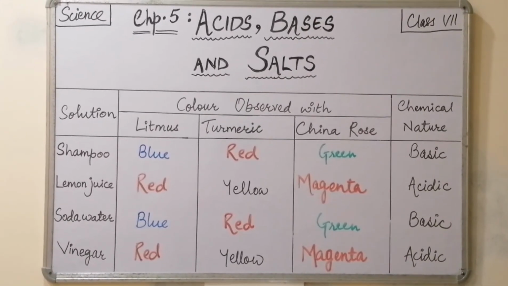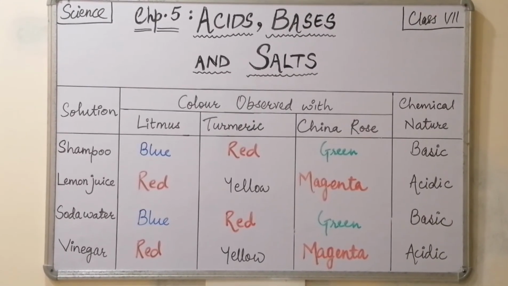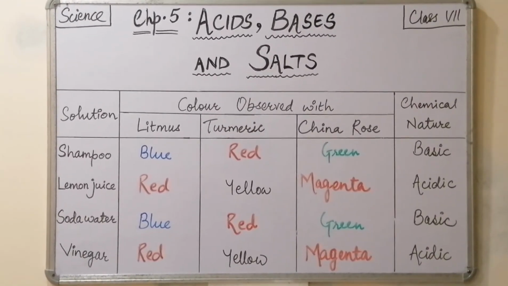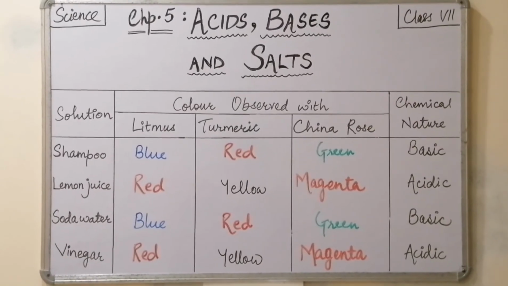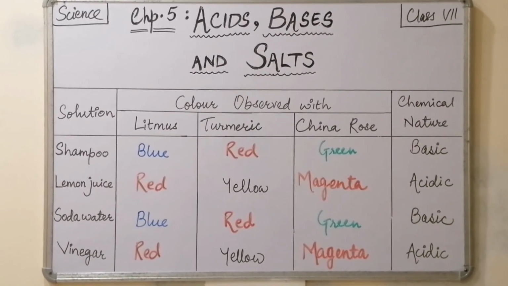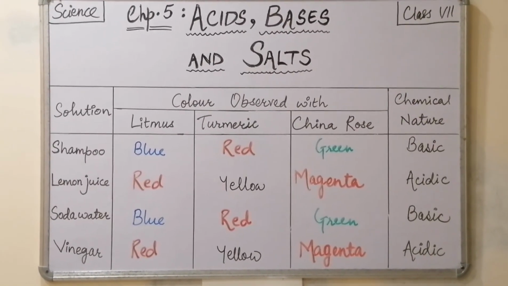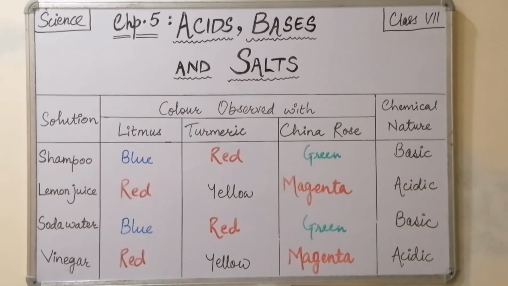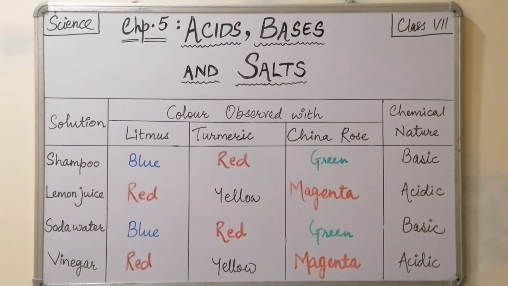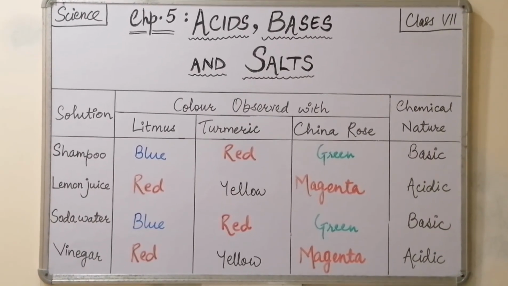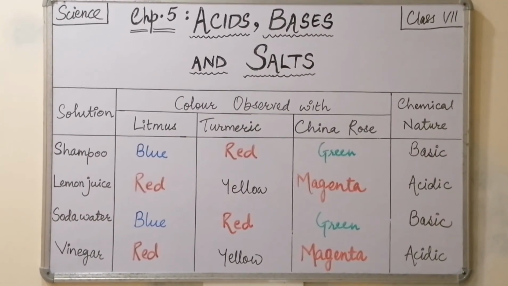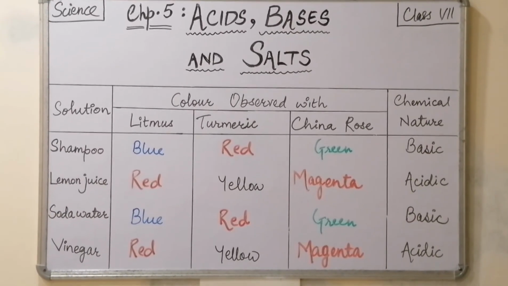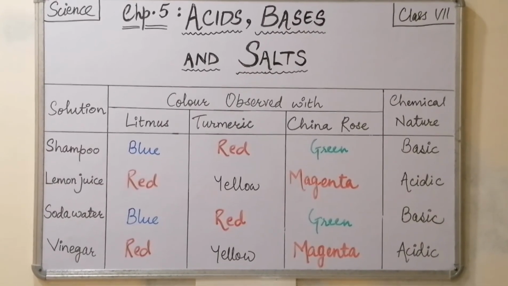We can add everything into some amount of water and dilute them. After diluting, we can add these indicators in the dilute solutions in different test tubes, or we can directly insert the drops of these solutions onto the litmus paper or the test tube containing some drops of turmeric indicator or the test tube containing some drops of China rose indicator. And after this, we can see different types of results as shown in the table.